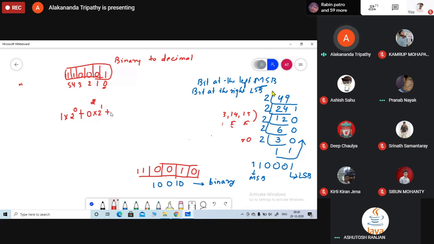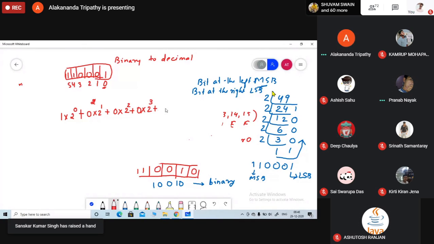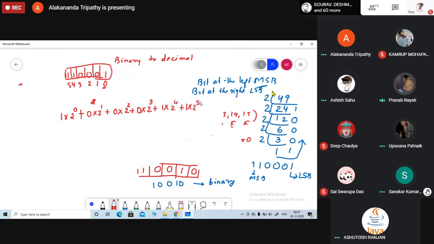Then plus 0 into 2 to the power 2. Plus 0 into 2 to the power 3. Then 1 into 2 to the power 4. Again plus 1 into 2 to the power 5.